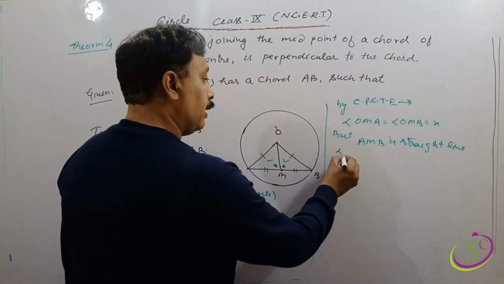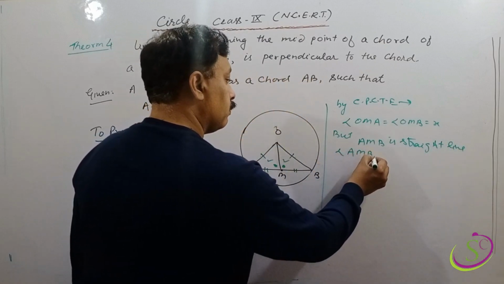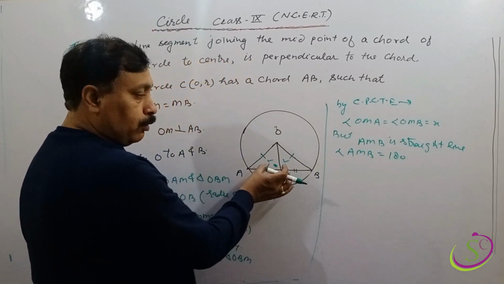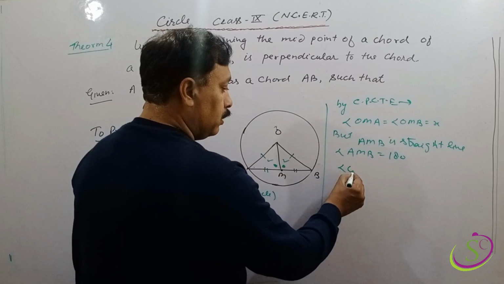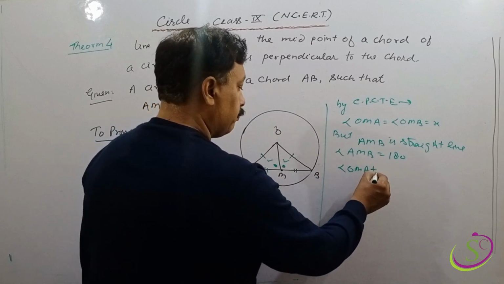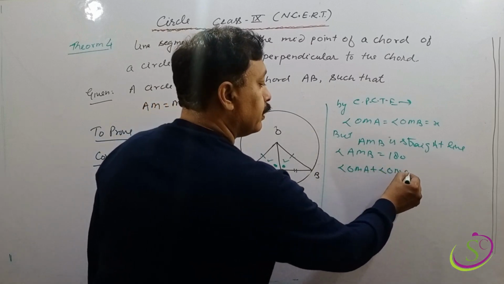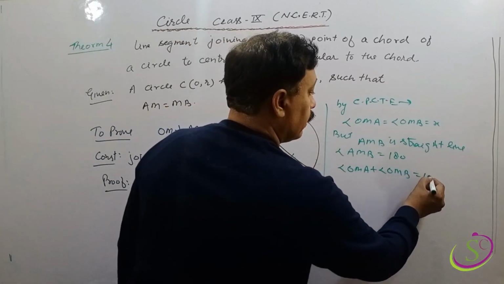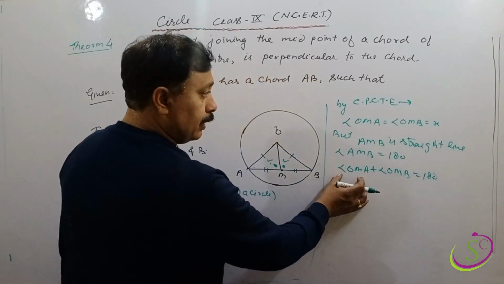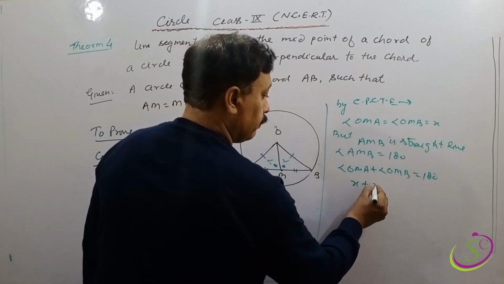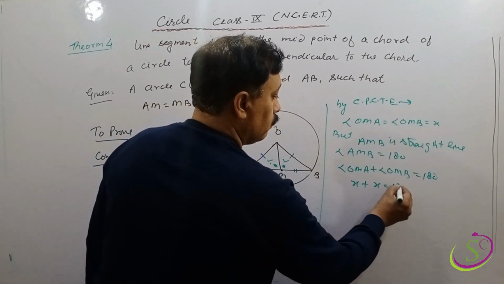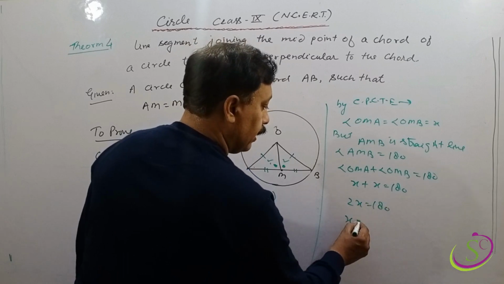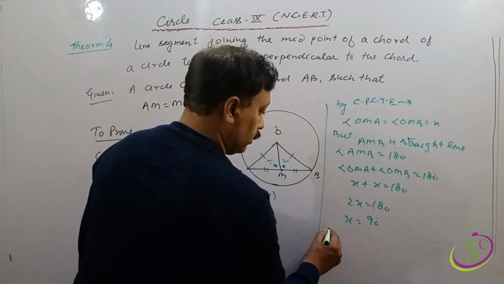So angle AMB will equal 180, and AMB is the sum of these two angles, means angle OMA plus angle OMB, this angle plus this angle will equal 180 degrees, and this angle is X, so X plus X equal to 180, means 2X equal to 180 and X equal to 90.